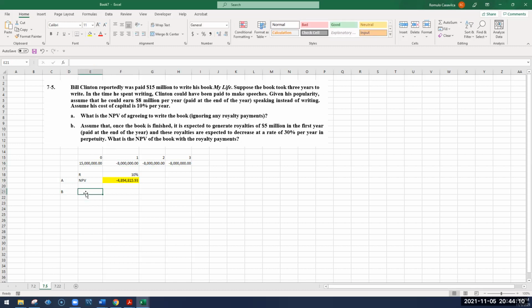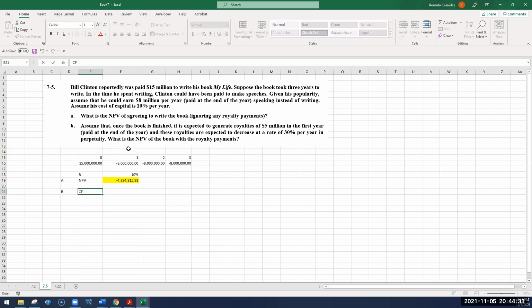Now on B, you're going to assume that he finishes the book, and after he finishes the book, his cash flow is 5 million in the first year, and then the royalties are expected to decrease 30% every year in perpetuity.